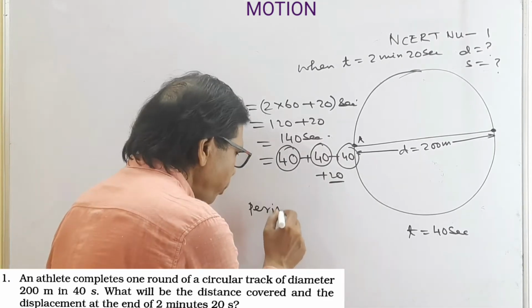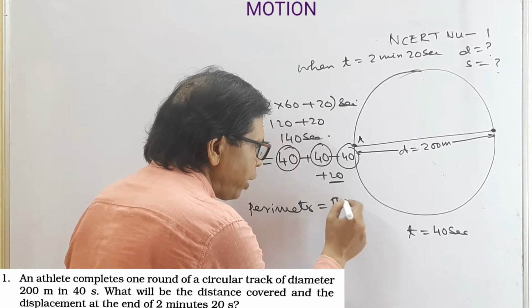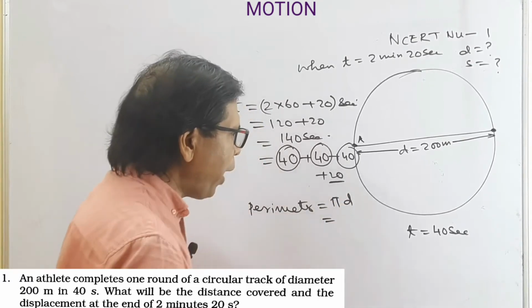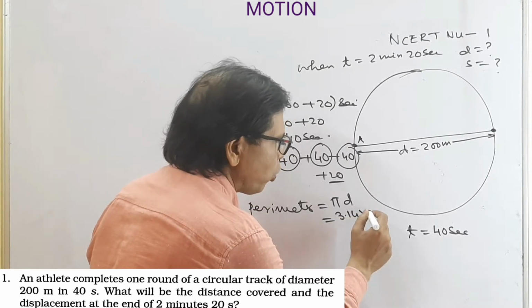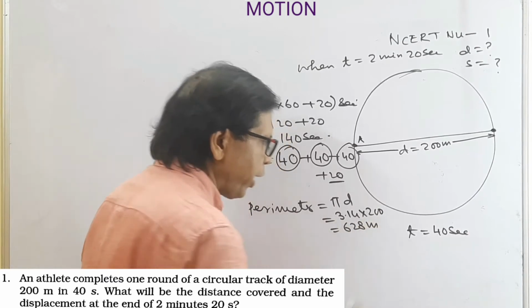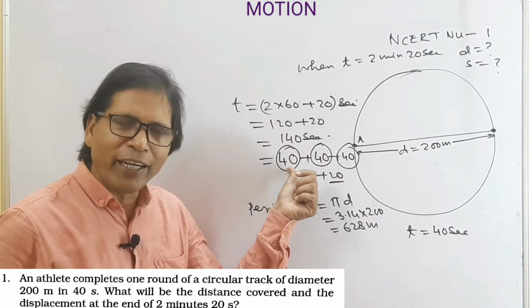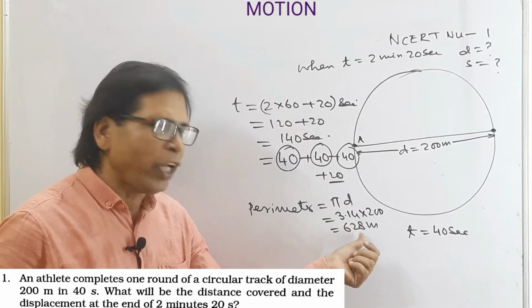What is the distance? The perimeter of the track equals pi into d. Pi is 3.14 and d equals 200, so this is 628 meter. In one round, the athlete covered a distance of 628 meter.